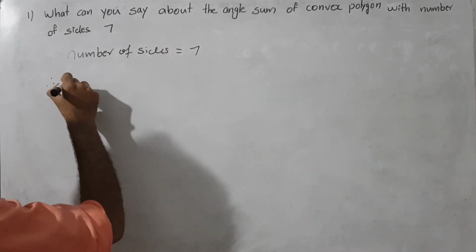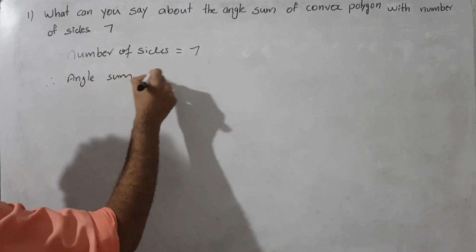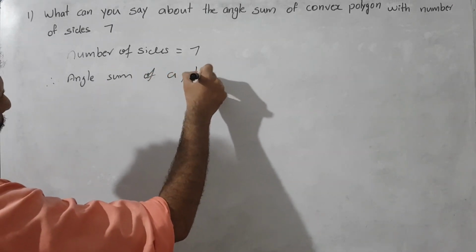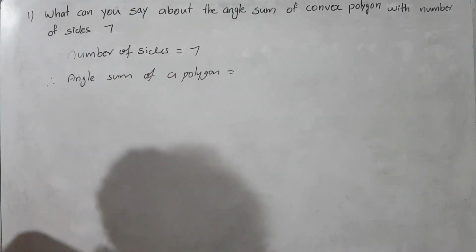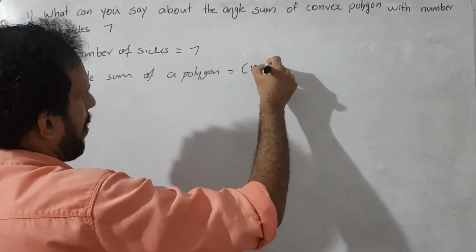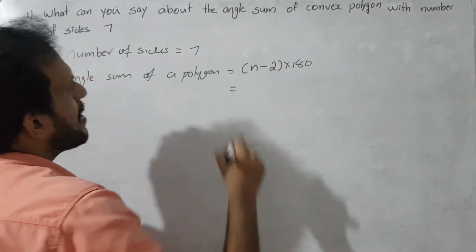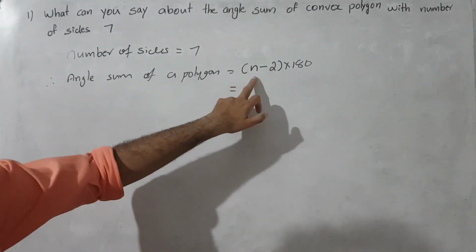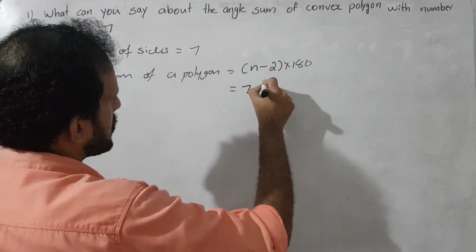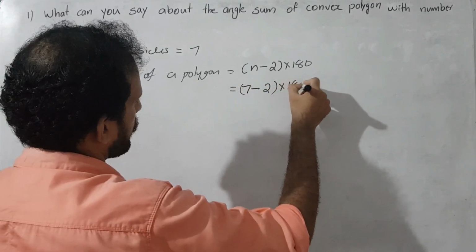Therefore, the angle sum of a polygon is equal to, first we write the equation. What is the equation? (n minus 2) into 180. What is n? n is the number of sides. What is the number of sides? 7. So (7 minus 2) into 180.